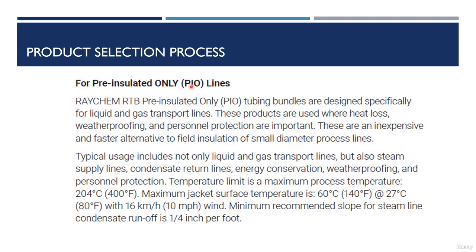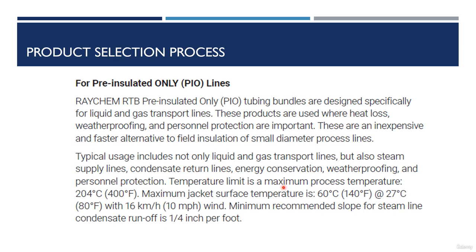Finally, the pre-insulated tube only. Pre-insulated only, PIO, tubing bundles are designed specifically for liquid and gas transport lines. These products are used where heat loss, weatherproofing, and personnel protection are important. These are an inexpensive and faster alternative to field insulation of small diameter process lines. Typical usage includes not only liquid and gas transport lines, but also steam supply lines, condensate return lines, energy conservation, weatherproofing, and personnel protection.